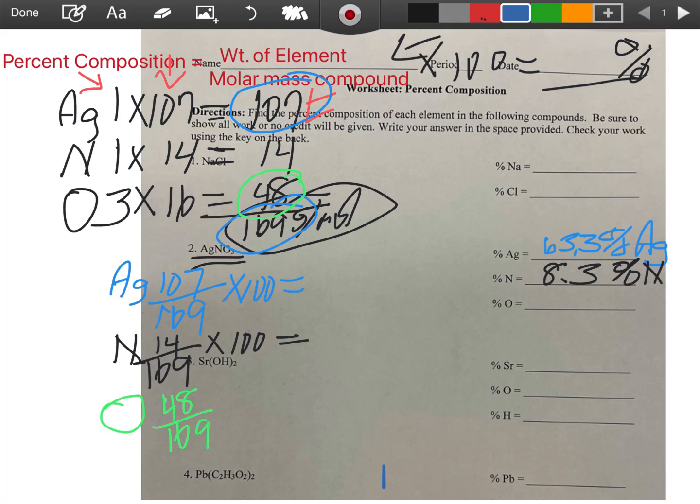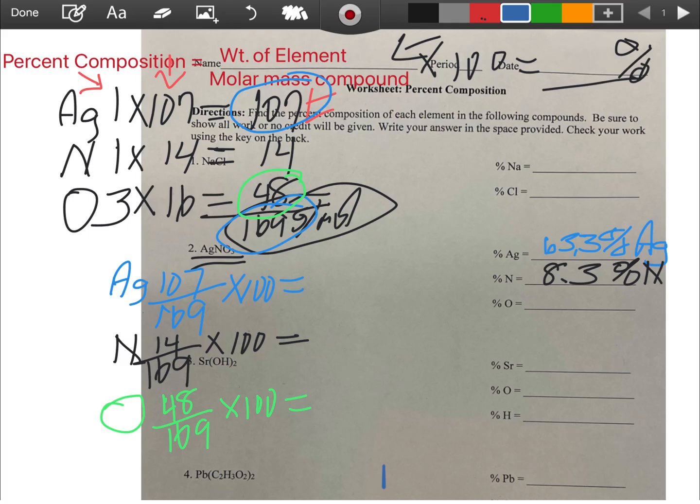Well, you have to get all of the oxygen in that piece of sample, not just the weight of 1 oxygen, okay? So 48 divided by 169 times 100 will give you the total weight of the oxygen that's in that particular sample or product, all right?